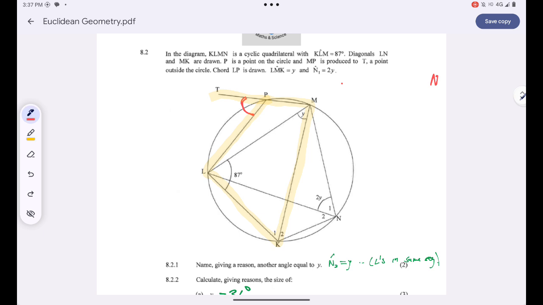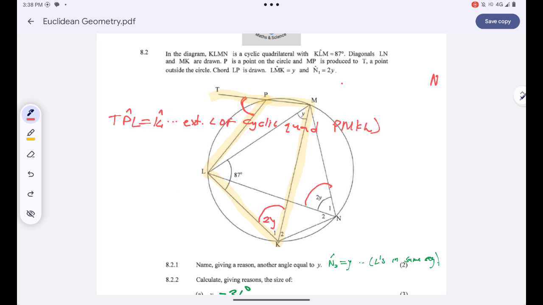And obviously it is equal to angle K1. So angle TPL is equal to angle K1. This is an exterior angle of cyclic quad PMKL.